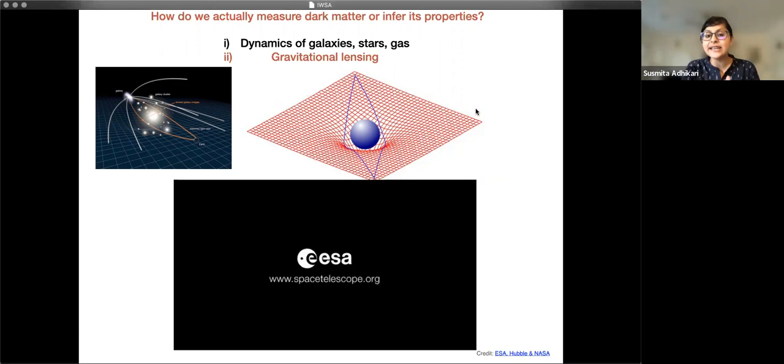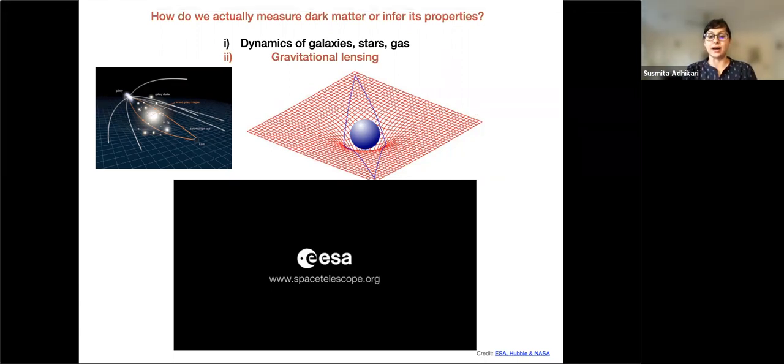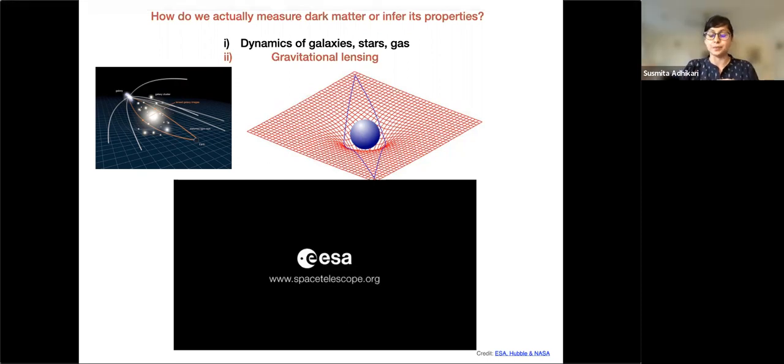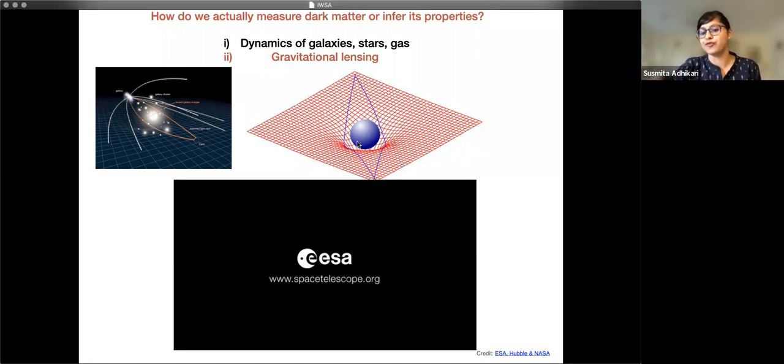Now, gravitational lensing is an effect which was predicted by Einstein, from his theory of general relativity, which was basically the theory of gravity. What it tells us is that we live in a web of space and time, so x, y, z, and time, our spatial and temporal coordinates, and that space-time is basically bent by the presence of mass.